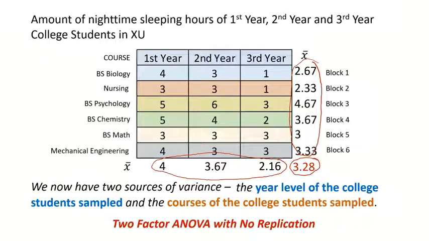Because if you notice, when we sampled a BS Biology student that's also first year, we only got one of that student. And when we sampled a nursing student that's in third year, we also just got one sample for that particular type of student. So there is really no replication here. That's why we are going to use two-factor ANOVA with no replication.